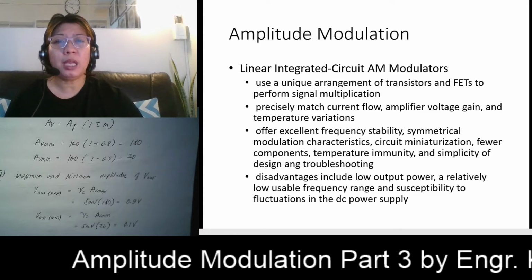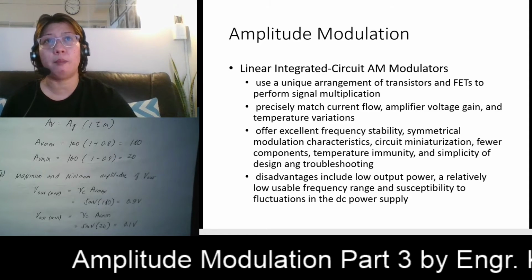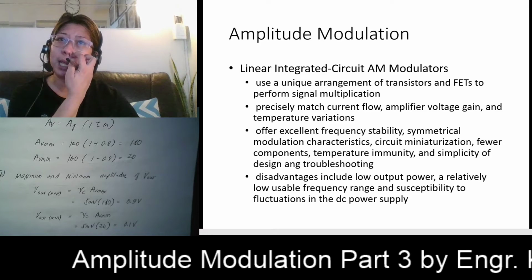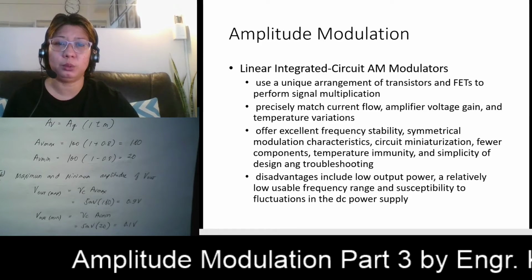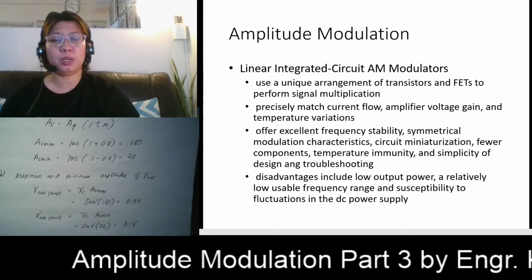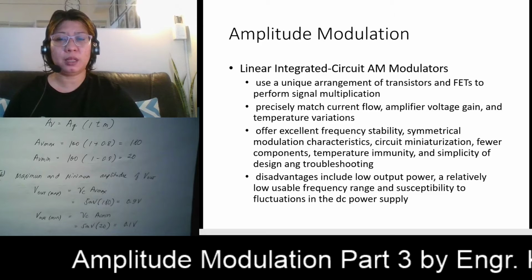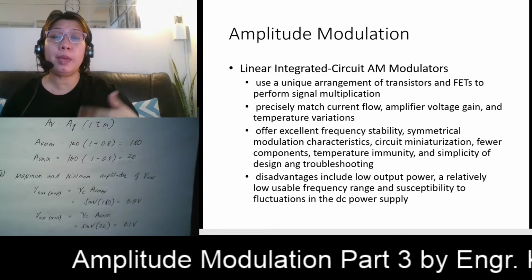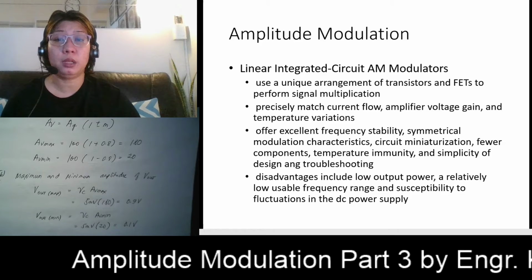They can perform signal multiplication, which is a characteristic that is suited for generating AM waveforms, unlike their discrete counterparts. However, they have the following disadvantages, but as you can see, those disadvantages are very few compared to the many advantages of linear integrated circuits.